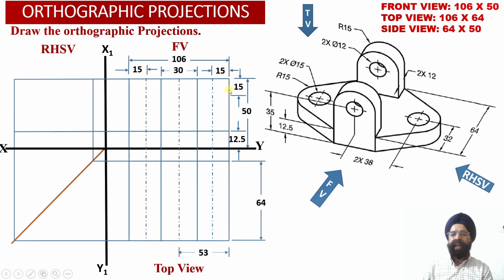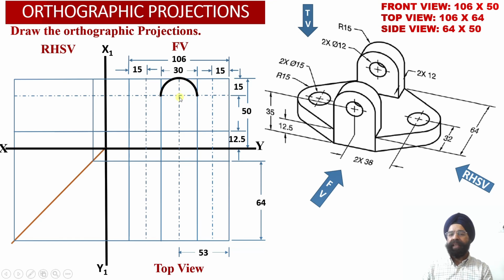So now at a distance of 15 millimeter from the top surface, again a center line has been drawn into the front view projections, and this center line has been extended into the right hand side view projections of the solid over here. Now we have obtained the center point corresponding to the circular arc over here.